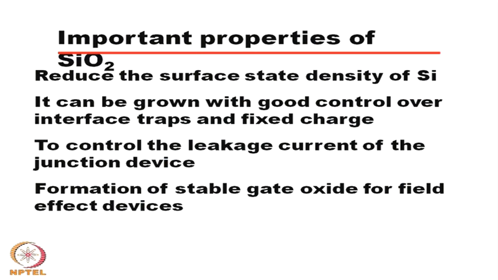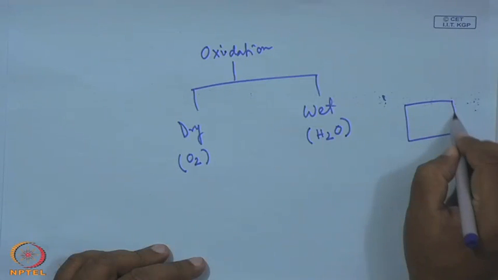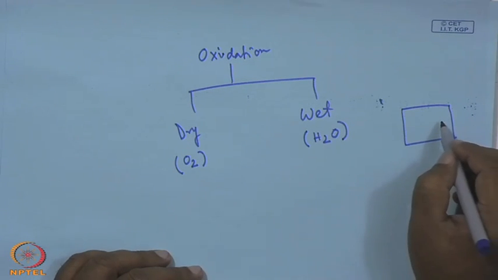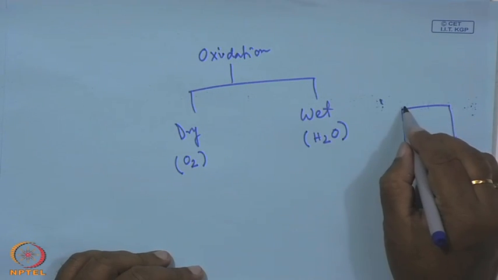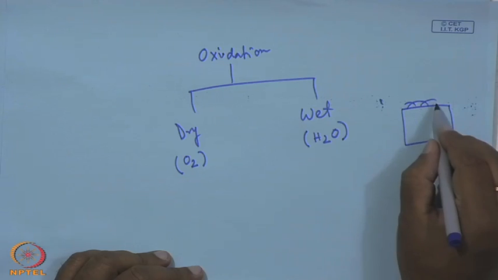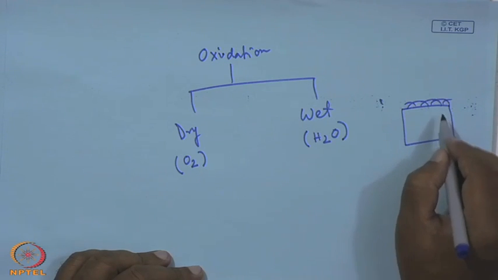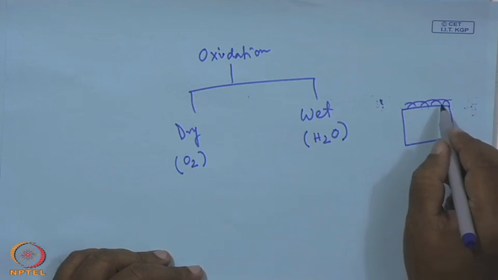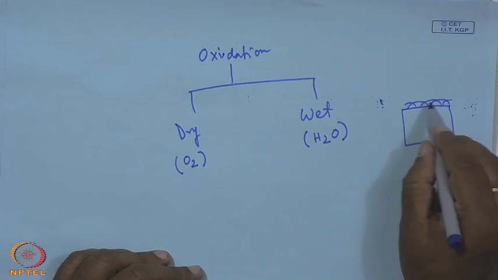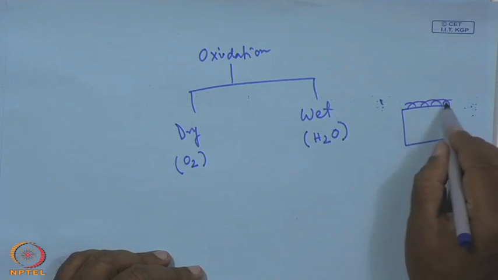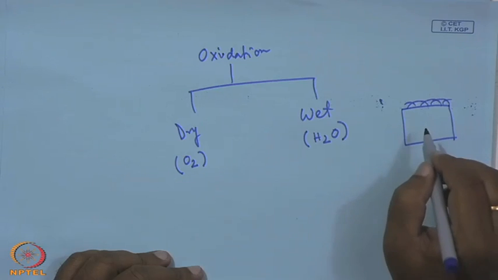Then you see that there are some important properties of SiO2. It reduces the surface state density of silicon, and you know that if you keep a silicon substrate open in normal laboratory atmosphere, some dangling bonds are formed on the top taking the aerial oxygen, and it is very prone to oxides. So, a large number of interface traps will be formed and the surface state density will be quite high because of such dangling bonds.